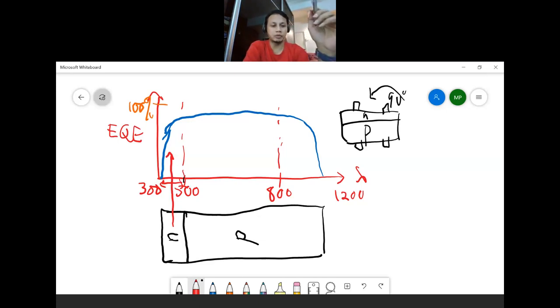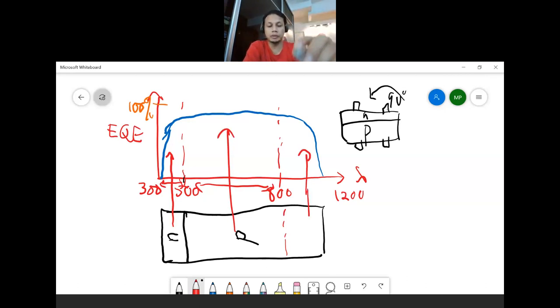Whatever results you have between say 500 to 800 reflect your collection probability in the bulk, ataupun di tengah-tengah solar cell. Whatever you see from 800 up to 1200 reflects collection probability at the back of the solar cell. So each region indicates the quality of the material or the quality of your device on the front side, in the bulk, and at the back, right?